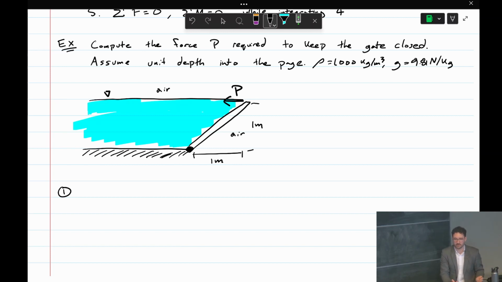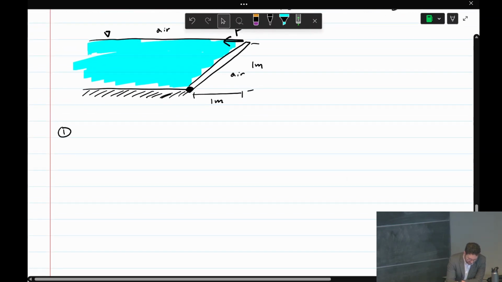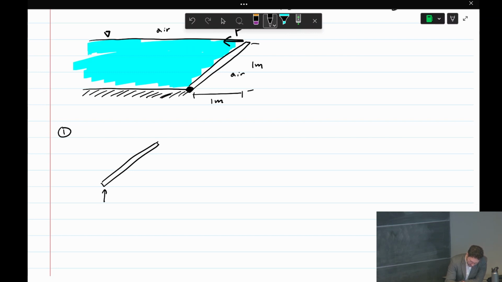Okay. So step one is free body diagram. As you may remember, you can replace the hinge with kind of an x and y force. So I'll call that F_xh and F_yh, h meaning the hinge.